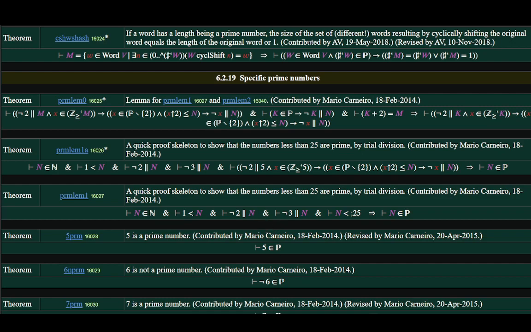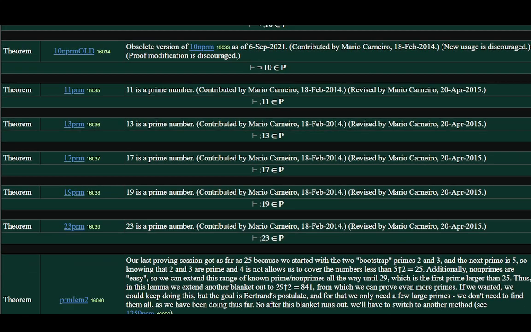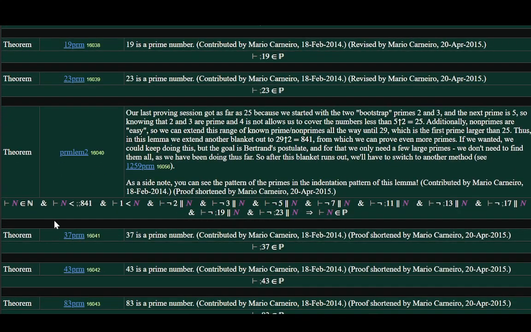And so this is quite a simple theorem, and then they extended it to do numbers up to 841. So prime lemma 2: we can say anything up to 841 is prime if it doesn't divide by 2, 3, 5, 7, 11, 13, 17, 19, 23. Okay, so this is going to be a bit exhausting, but it's all quite straightforward stuff, right?